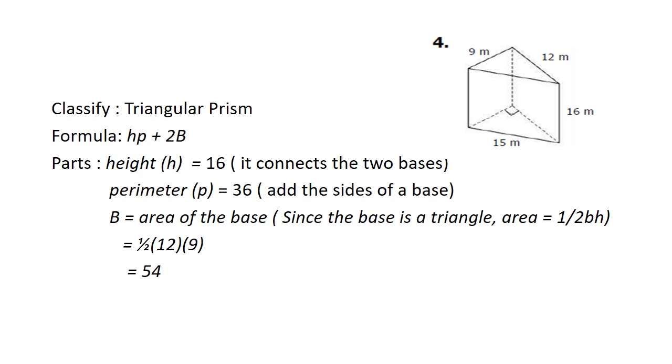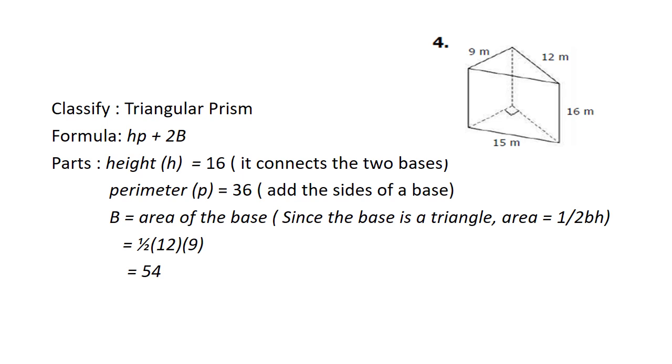That's my height. The perimeter, I'm going to look at either the top or the bottom, and I'm going to add those 3 sides together. So I get 9 and 12. And then when I look to the bottom, I can see that particular side is 15. I'm going to add those 3 numbers. I'm going to come up with 36 for my perimeter.